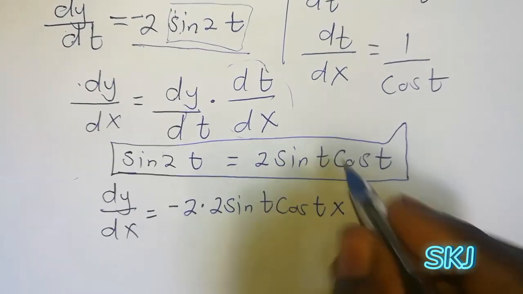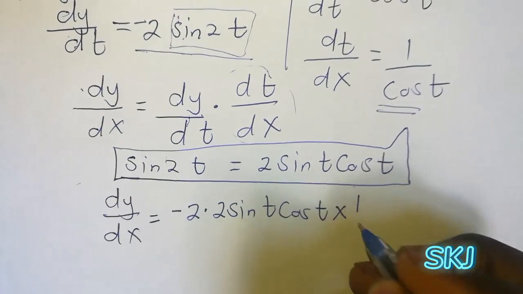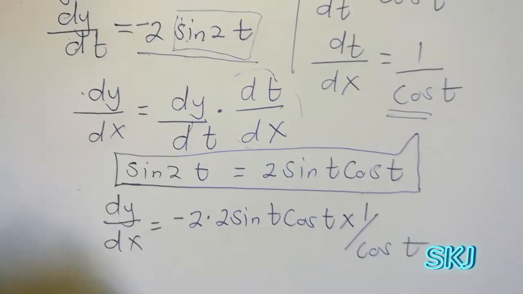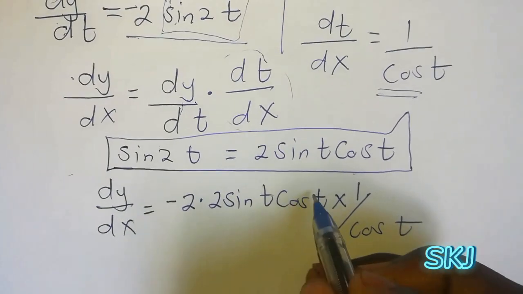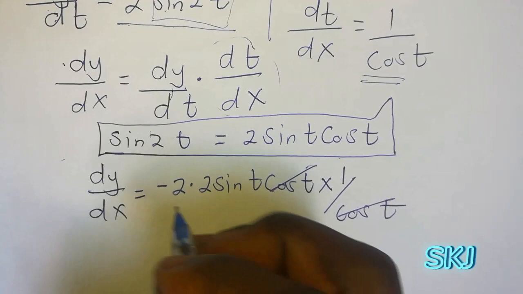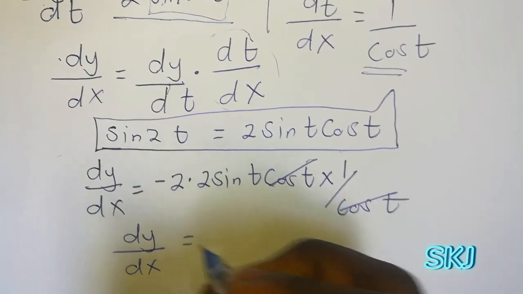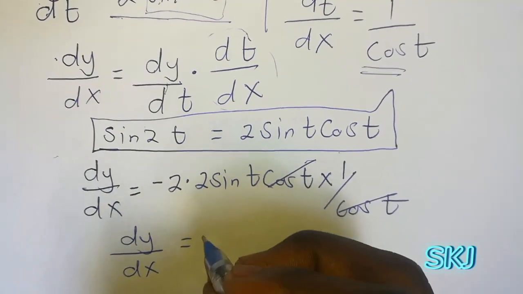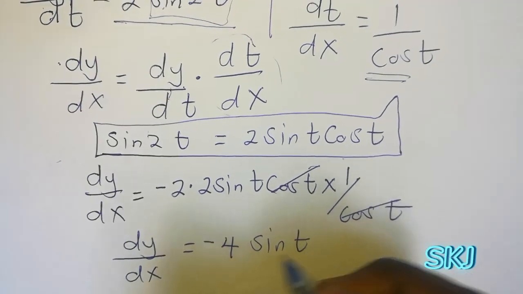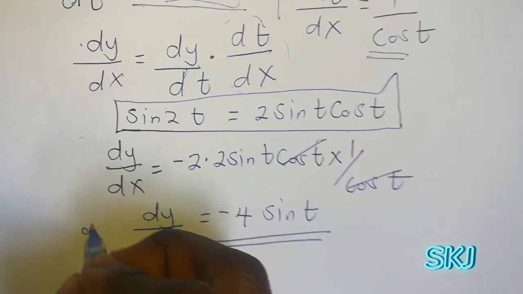The cos cancels with the other cos, leaving dy/dx equal to, if you multiply this, -4 sine t. This was part A.